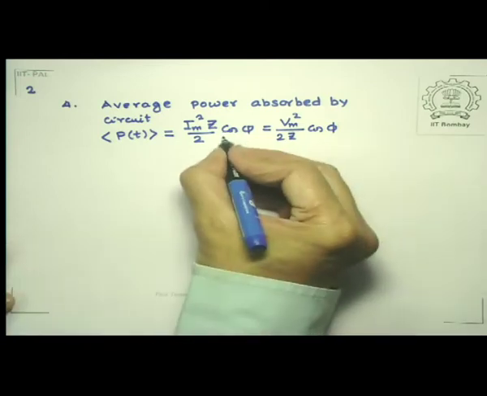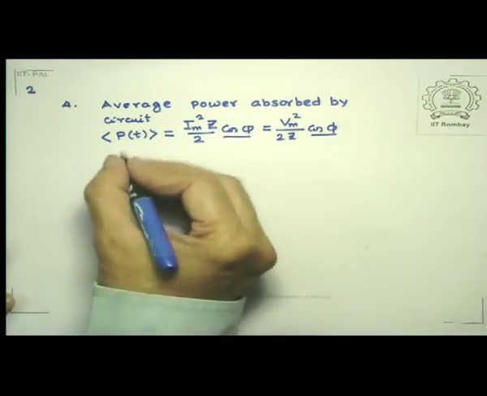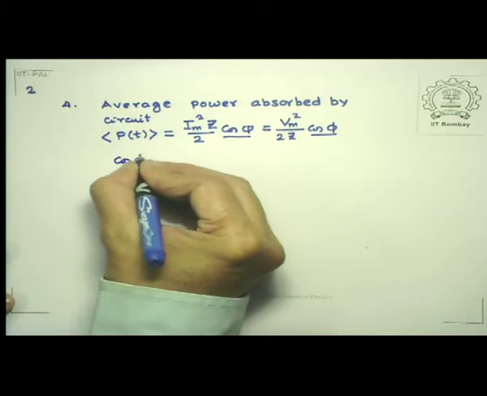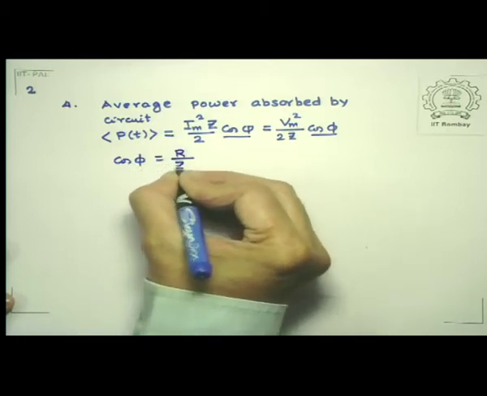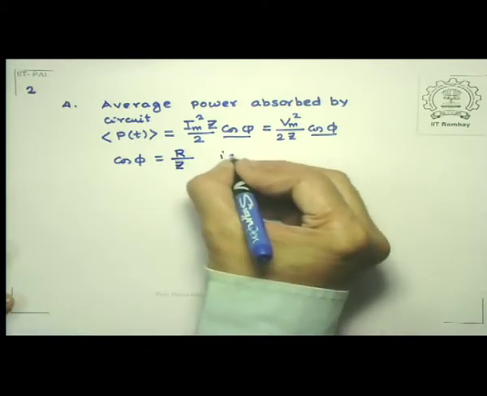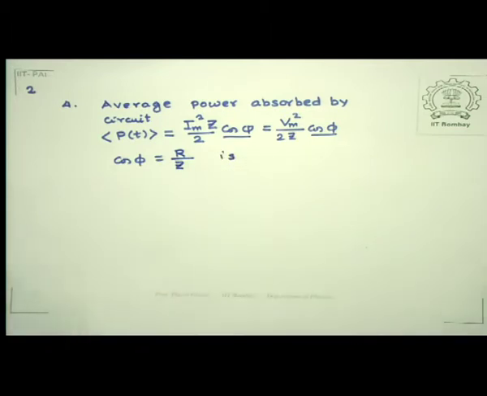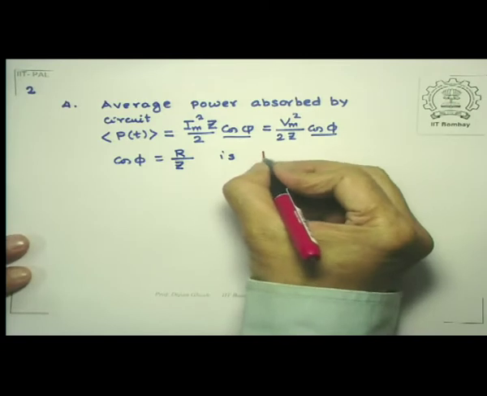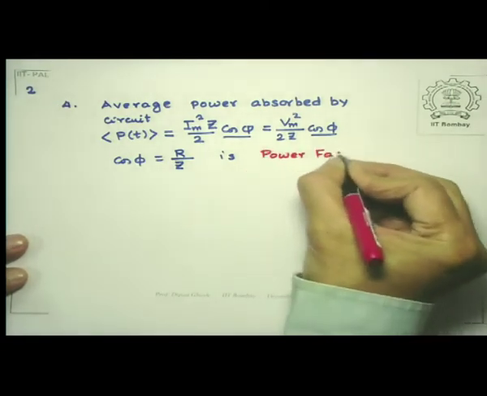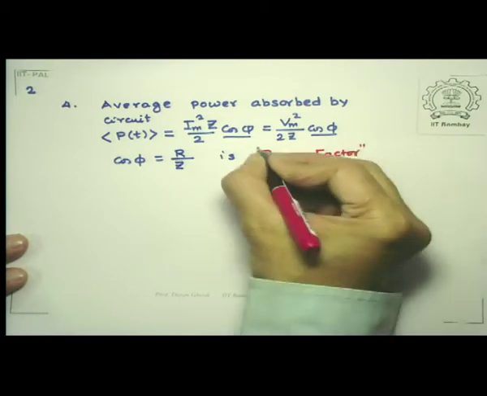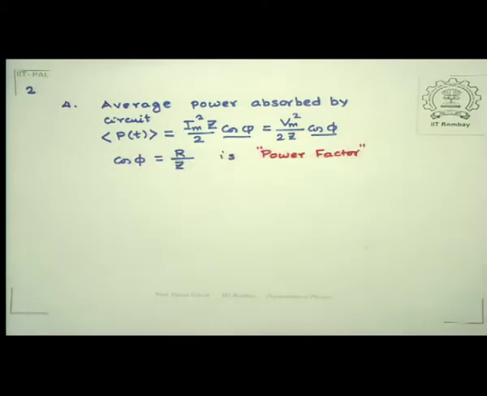This factor, the multiplying factor, cosine of phi, which we had seen is given by R over the impedance Z, is defined as the power factor of the circuit.